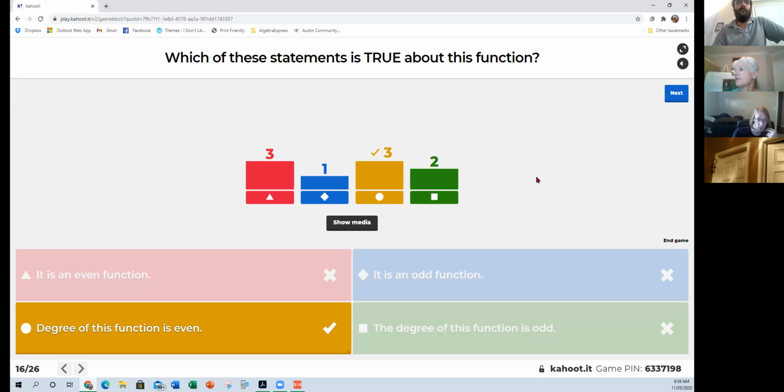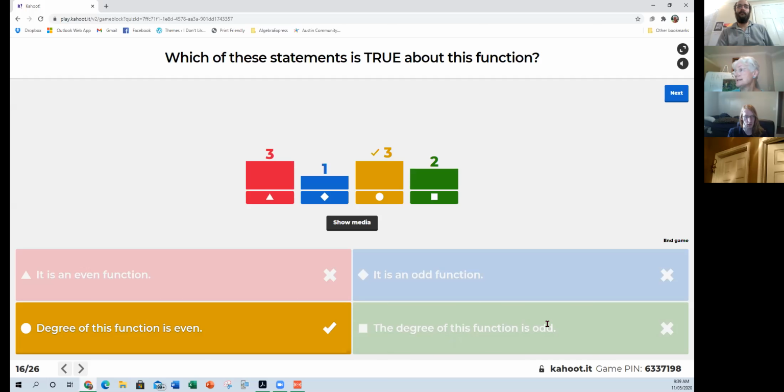Okay, we got all over the place here. The degree of this function is even. If it was an even function, it would be symmetric with respect to the y-axis. If it was an odd function, the ends would be going opposite directions, number one. And if you counted the humps and added one, you would get an odd number.